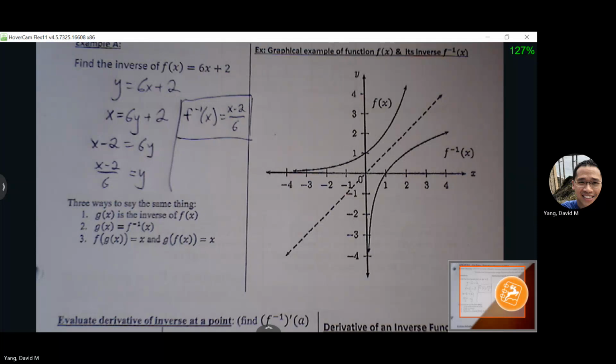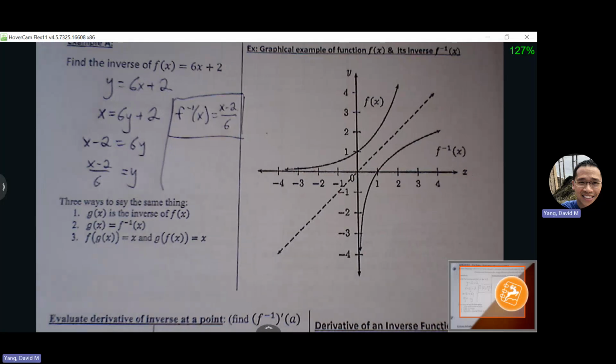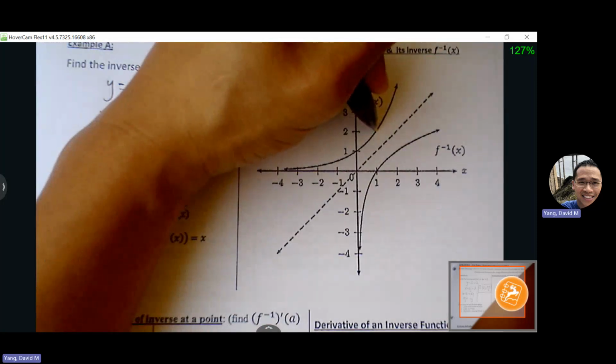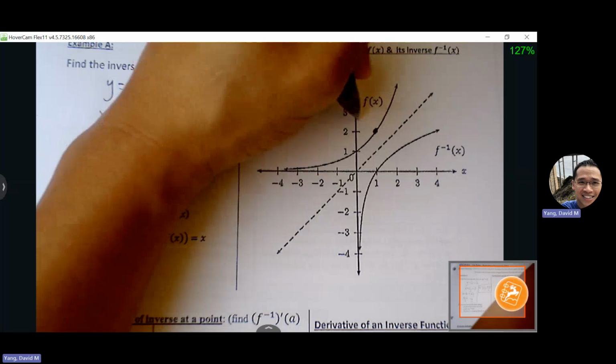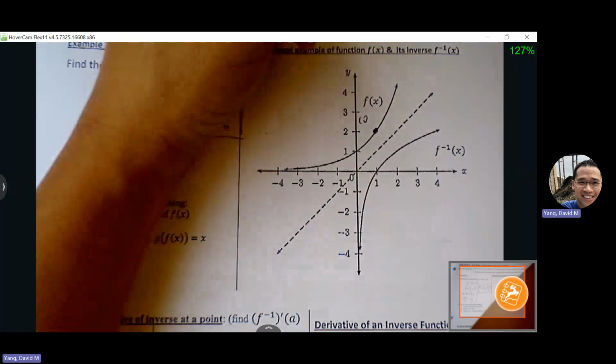All right, so let's say we had an ordered pair on the function, and that ordered pair is 2, 1. Sorry, 1, 2.